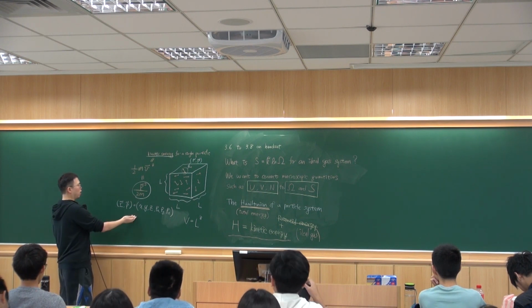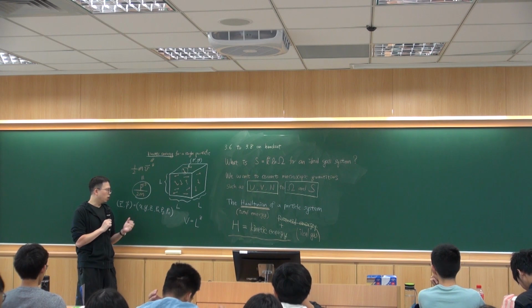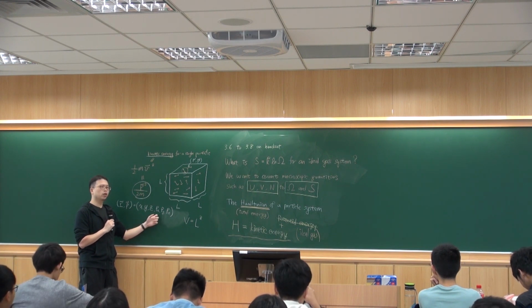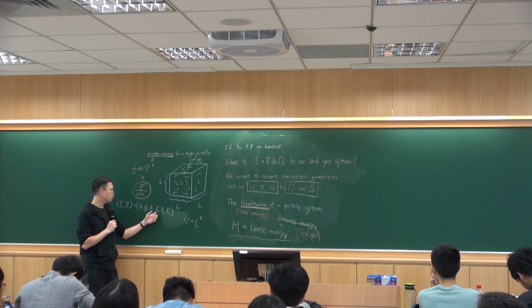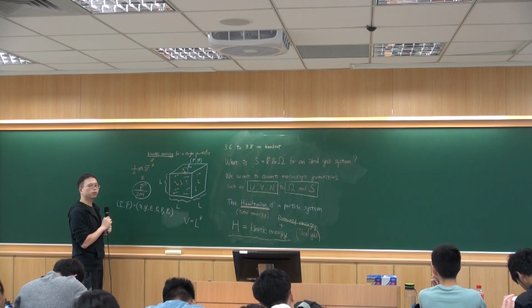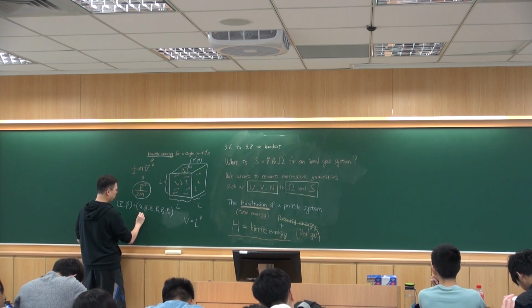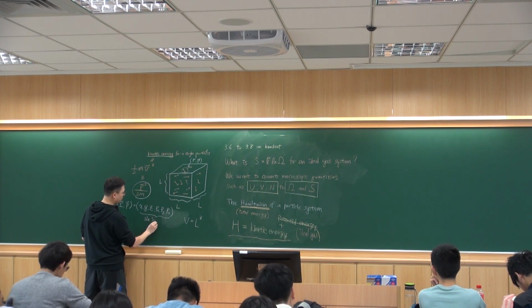So it means that for a single particle, you need 6 coordinates, or you can say 6 variables, to describe the behavior of a single particle.